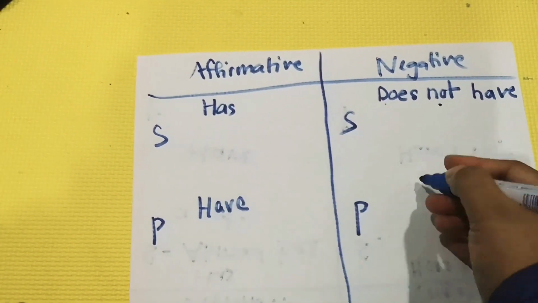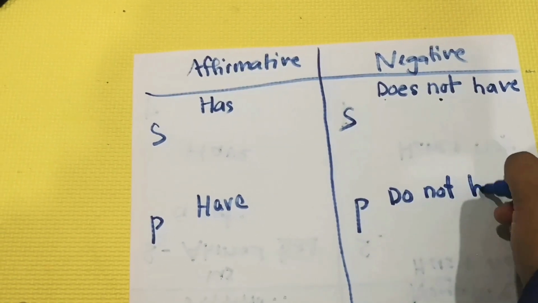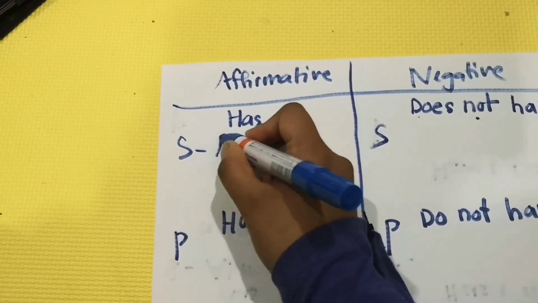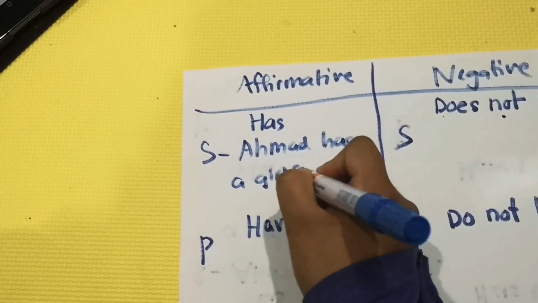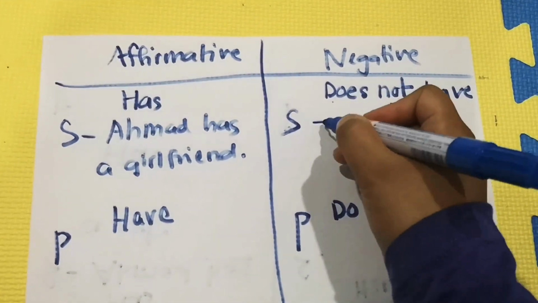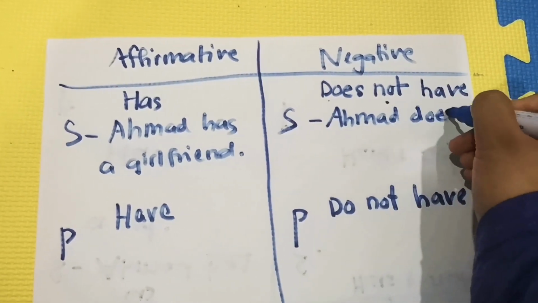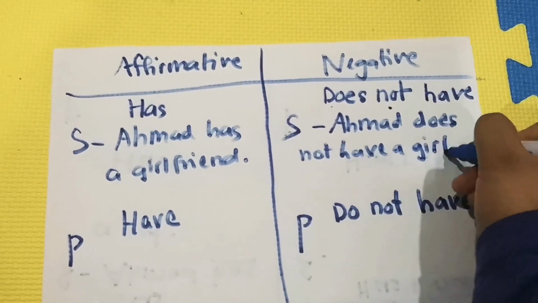While for have, you can just say do not have. So this one, Ahmad has a girlfriend. Well, for negative, Ahmad does not have a girlfriend. Okay.